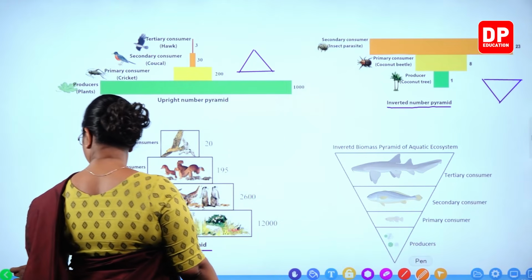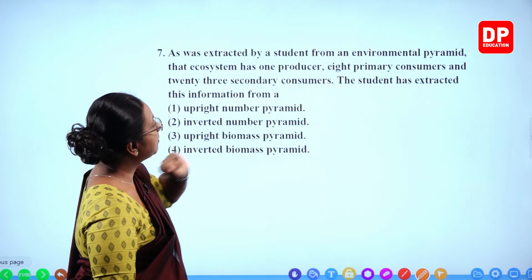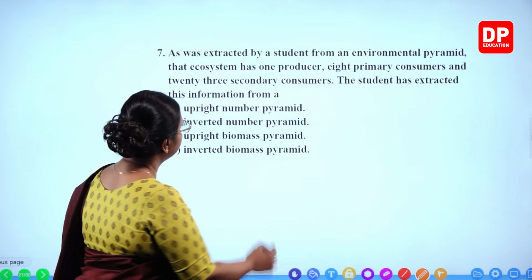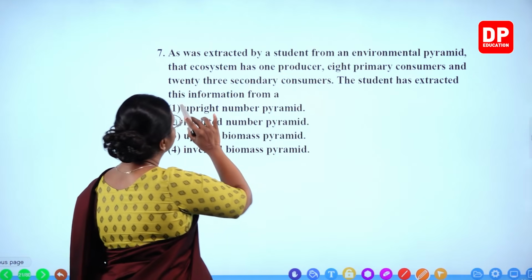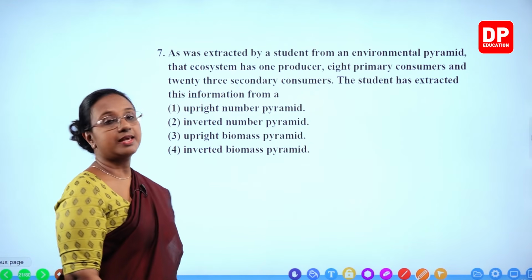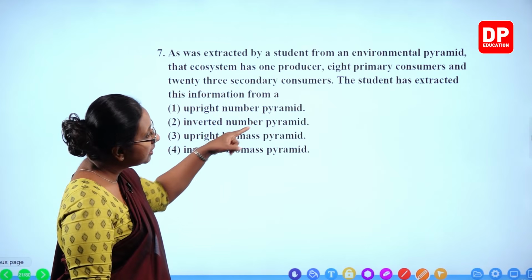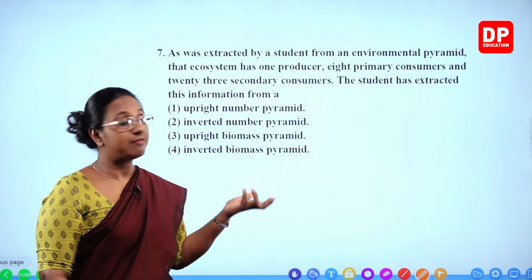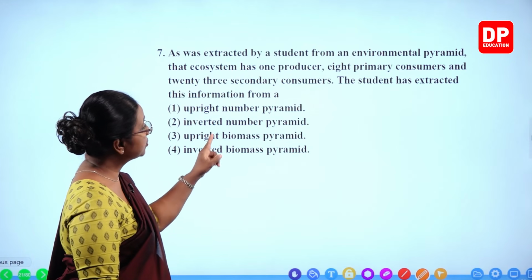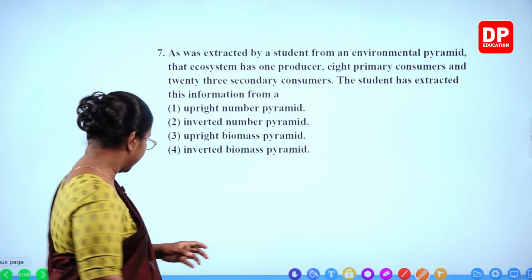If we go back to the question, you can see there are, before that we have 1 producer, 8 primary consumers and 23 secondary consumers. And it is the number that is given to us, not the mass. They have said 1 producer, 8 primary consumers and 23 secondary consumers.